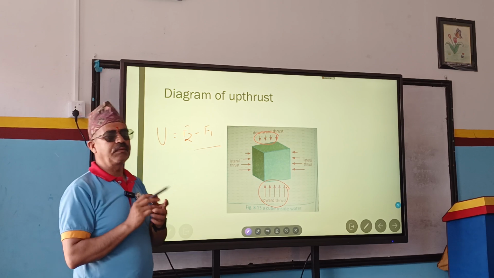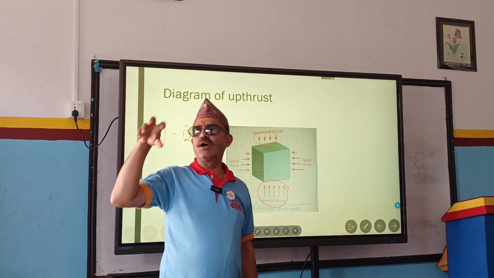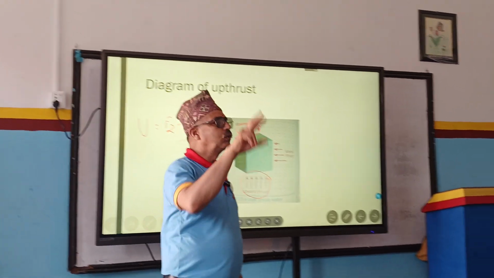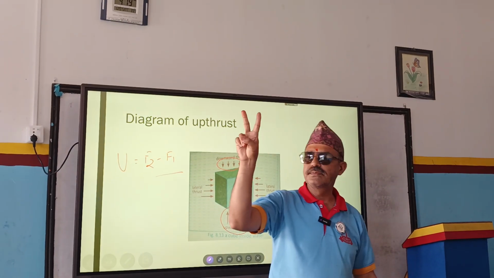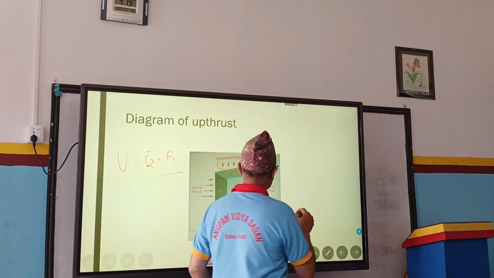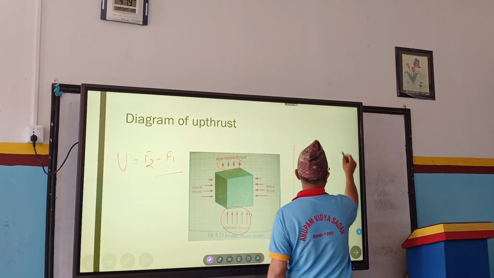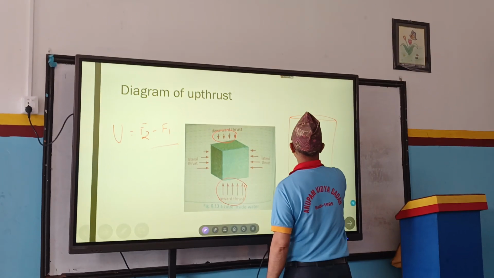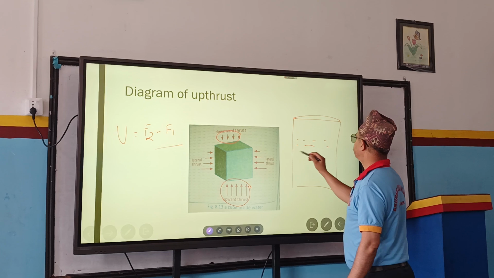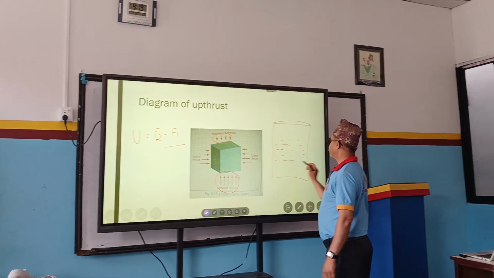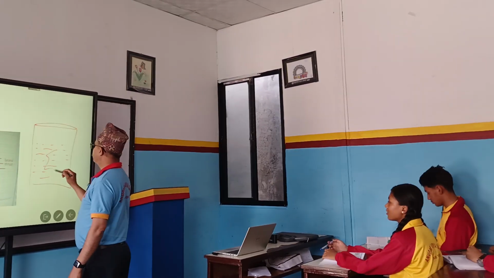Now finally let's remember, if any object is kept inside liquid, two types of forces act on it. Suppose this is liquid. If you keep any object inside liquid, how many types of forces act on it? Two.